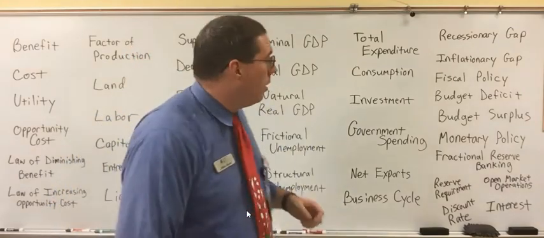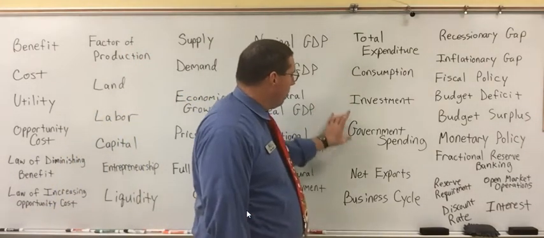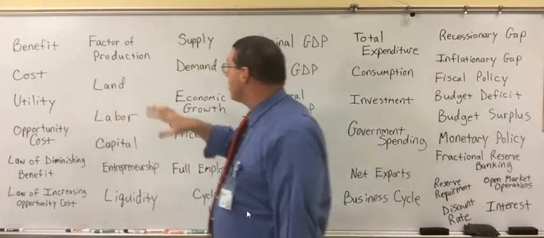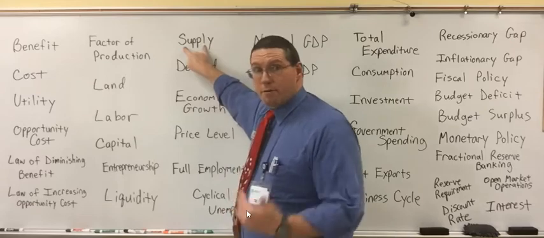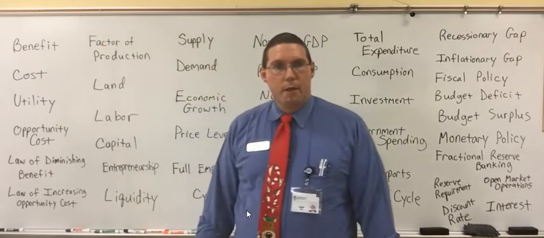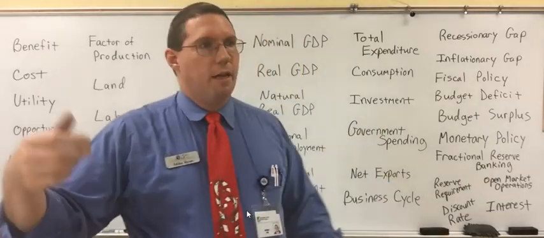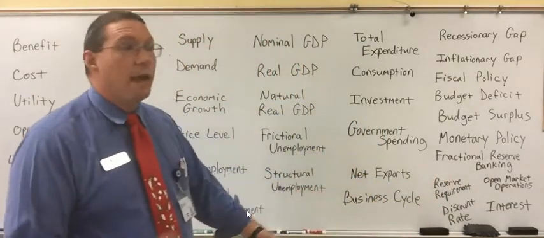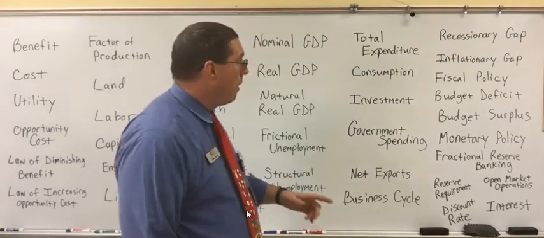Okay, so there are 4 groups of people that can buy the stuff that we produce. We make stuff. Suppliers, sellers make stuff out of the factors of production. So they produce cars and gasoline and food and chairs and tables and phones and TVs and movies.